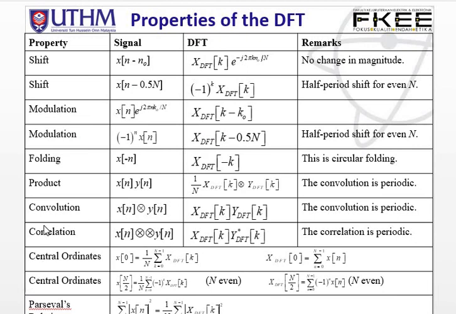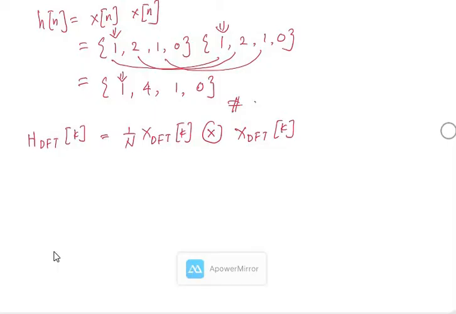If you check the table, it is also mentioned like this. So this is the formula of the product property: 1 over N times X DFT[k] convolved with Y DFT[k]. For this convolution, it must be a periodic convolution.